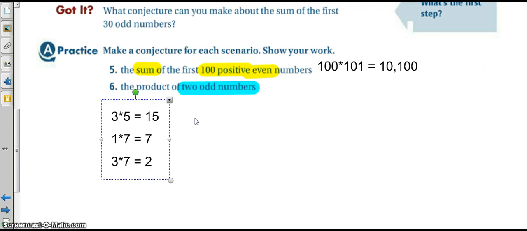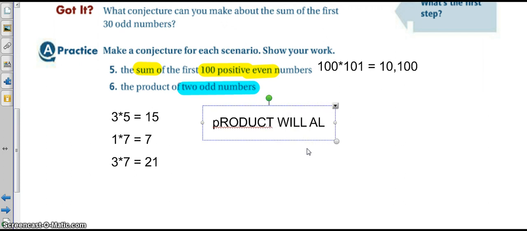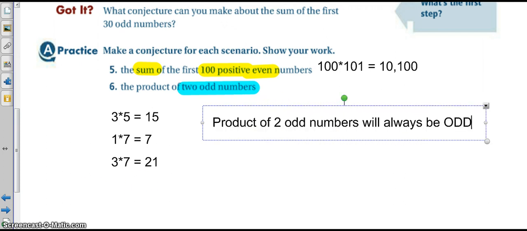What we notice about all these values that we're getting when we're multiplying two odd numbers is we're asking for an odd number of odd numbers, which will give us, in the end, an odd number. So our conjecture that we can make is that the product of two odd numbers will always be another odd number.